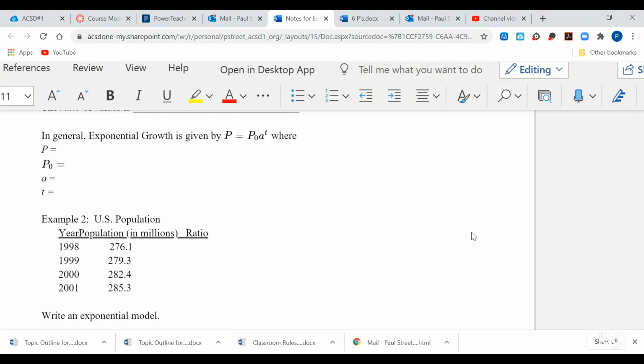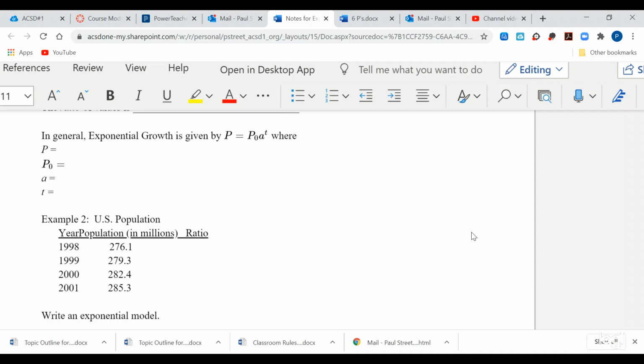Is that okay? You all right with that? Wise choice. P sub 0, what does that stand for? Yeah, so it's the starting amount, which we usually call the initial amount, but starting amount works great. So it's the initial amount, how much we had at time 0.